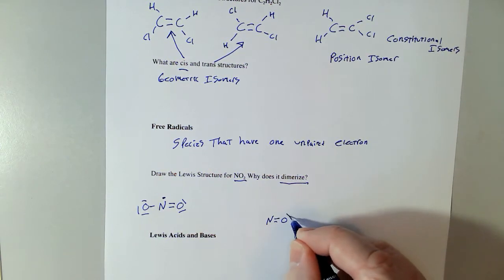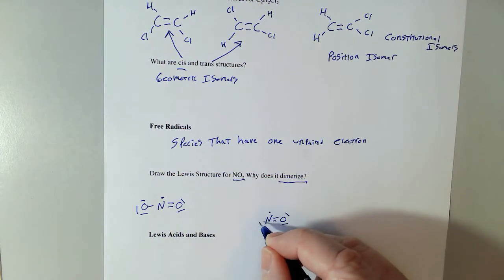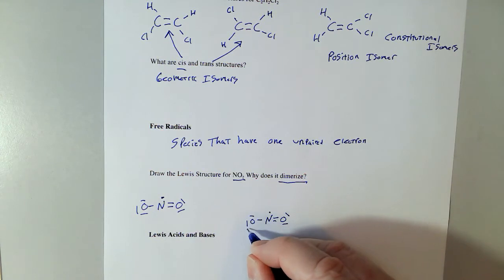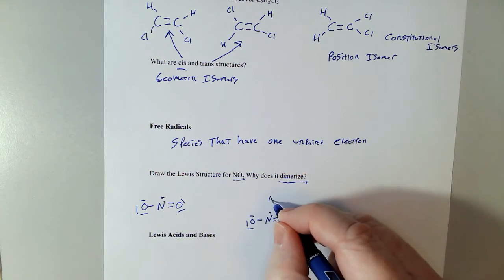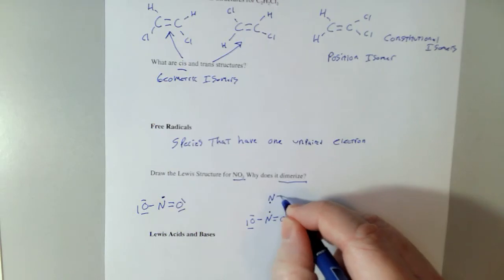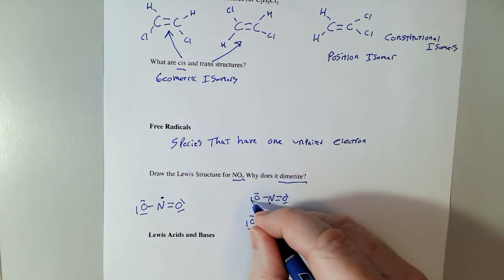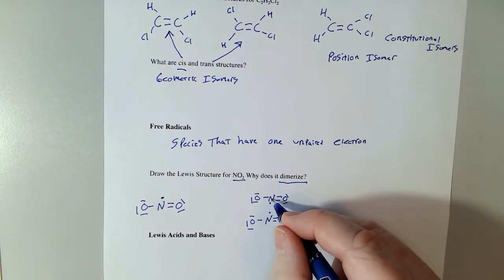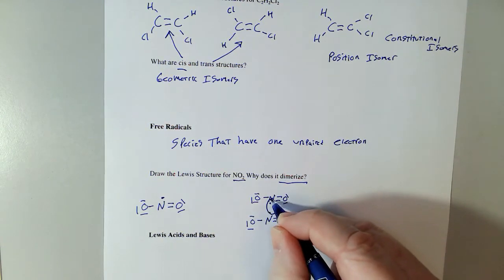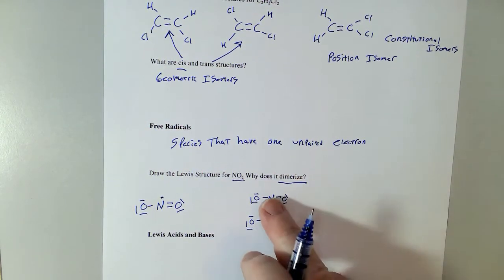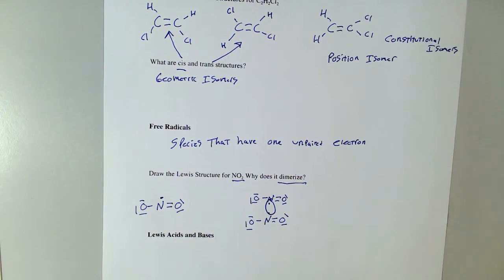So this one is very likely to pair off with another of the same molecule. And those 2 lone electrons can form a bond, and this would be referred to as a dimer.